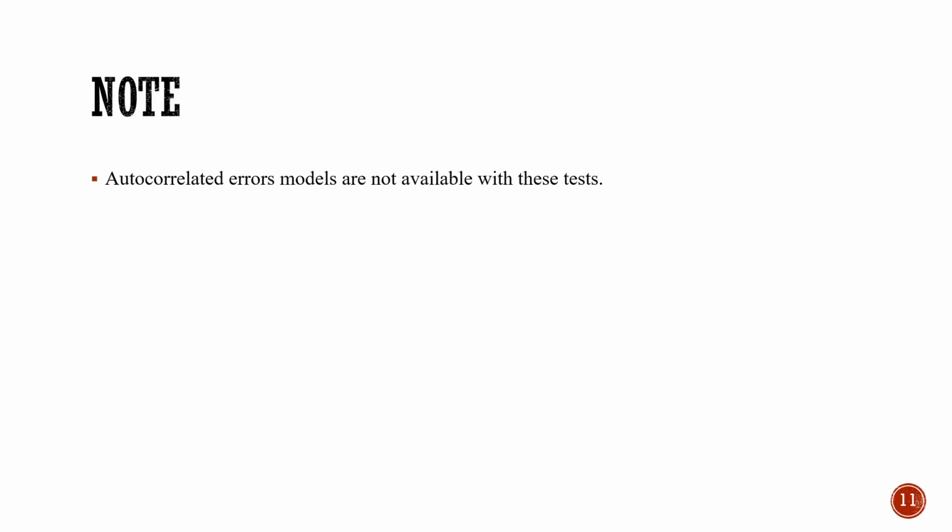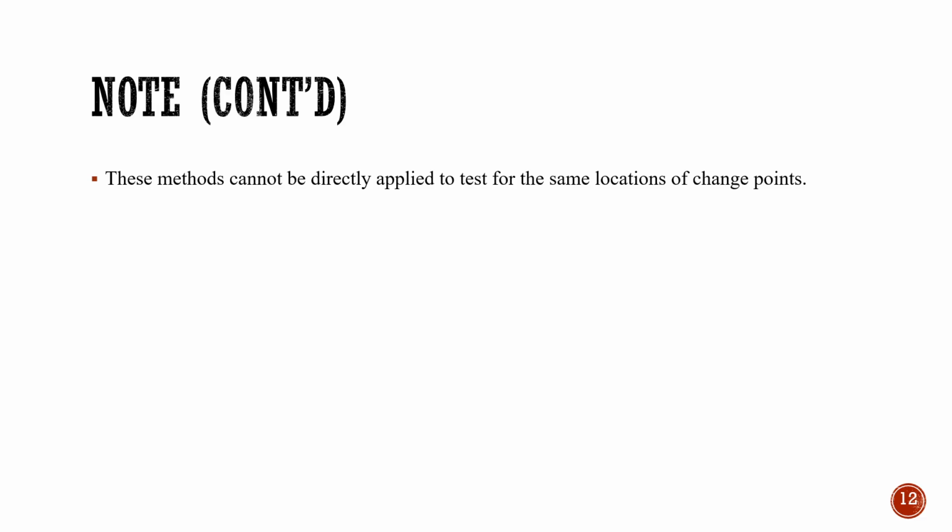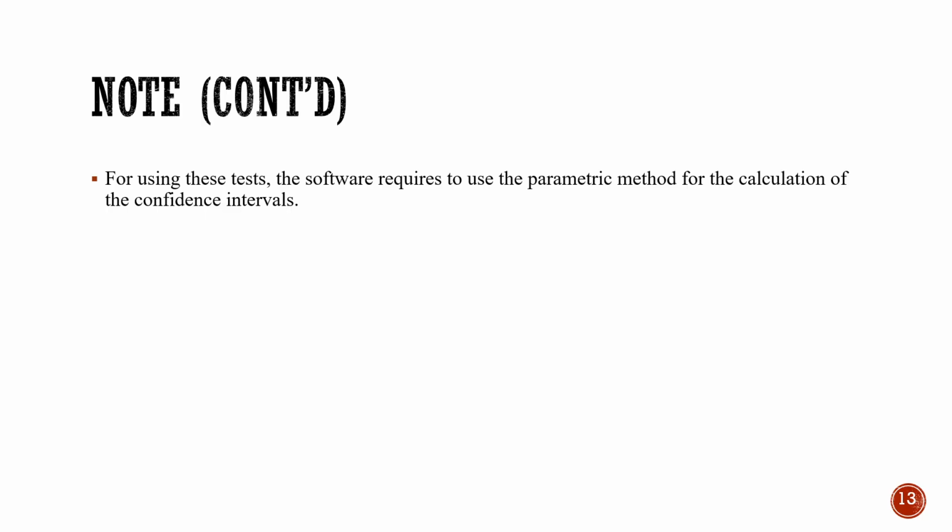It is important to note that autocorrelated error models are not available with these tests, and these methods cannot be directly applied to tests for the same locations of joint points. For using these tests, the software requires to use the parametric method for the calculation of the confidence intervals.